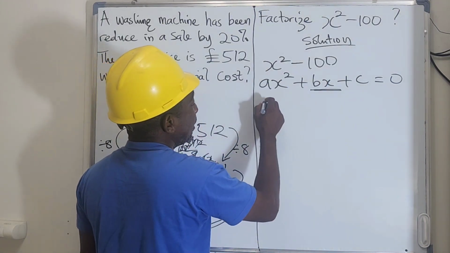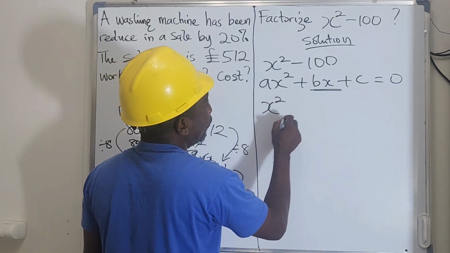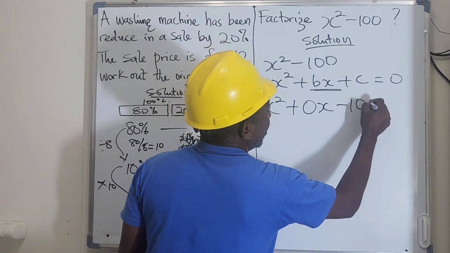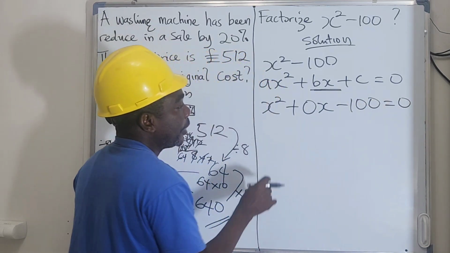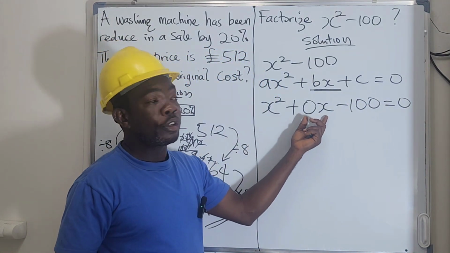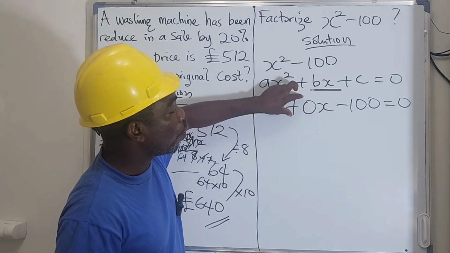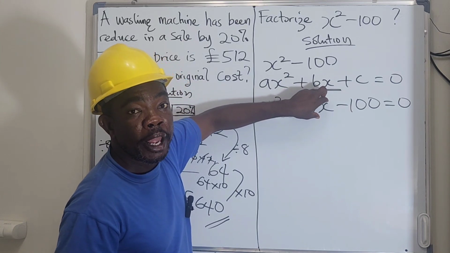So it is in this form: x squared plus 0x minus 100 equals 0. This is the original equation, but we do not write 0x, so it is removed.